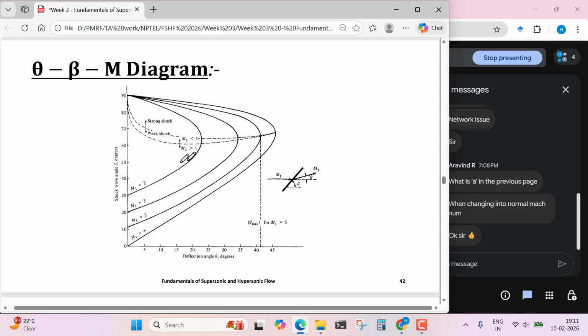Let's say you have to find one more thing: for every value of theta and M you will get two shock wave angles. One is for the weak shock and one is for the strong shock. Generally you will find the weak shock only, so you can use the weak shock solution.